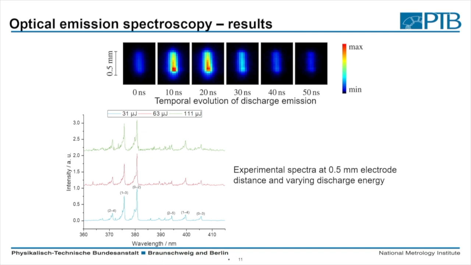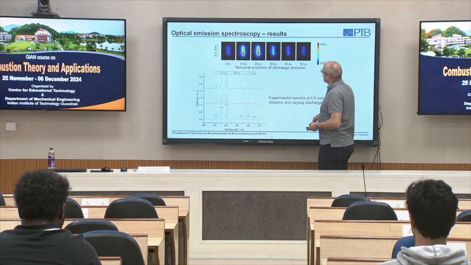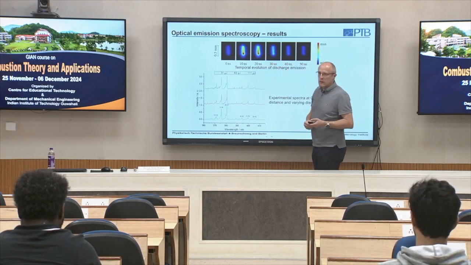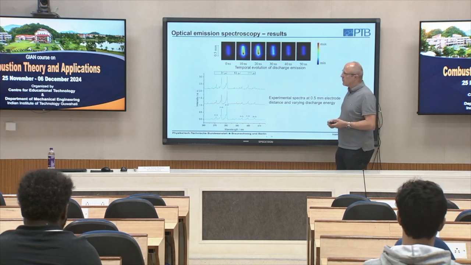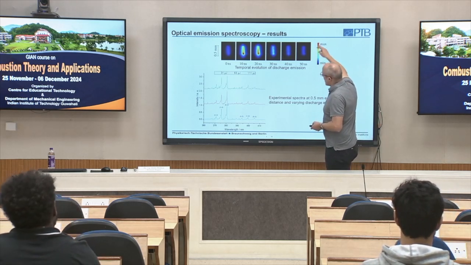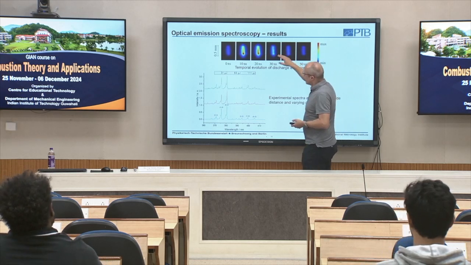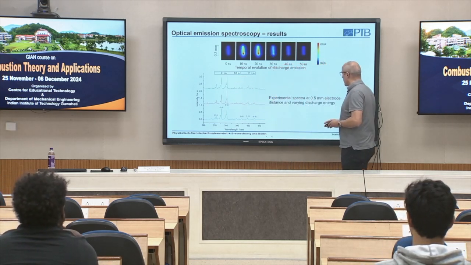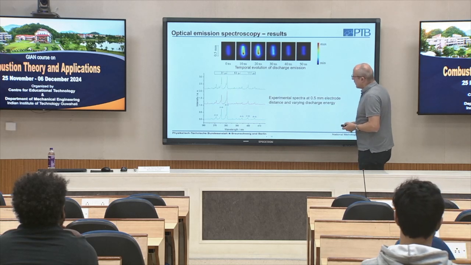So here you see a classical view of such a discharge for hydrogen, 0.5 millimeter, so maybe 200 micrometer width of this emission we see here. Here we see just the maximum of the intensity, and here we see the corresponding spectra.